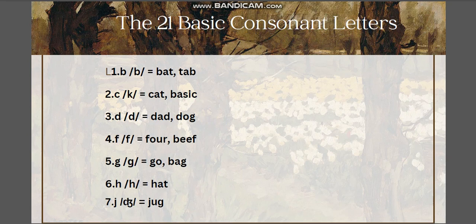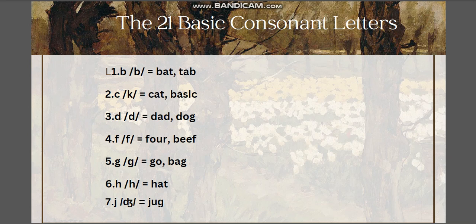Okay, so these are the consonant sounds, rather the consonant letters, the basic consonant letters. You can see them there, the letters and the sounds they make. Number one there, please pardon that letter L beside number one, it is a typo.